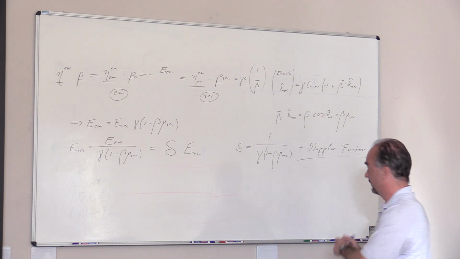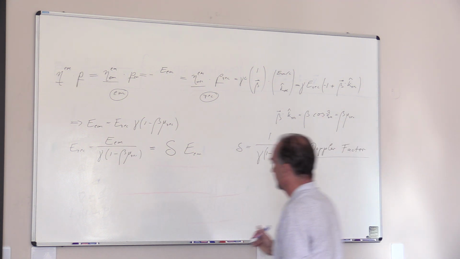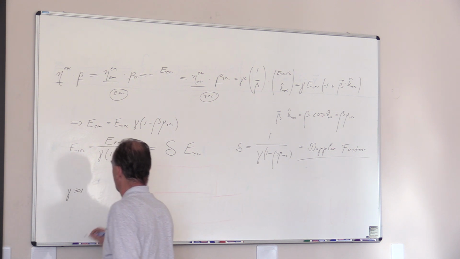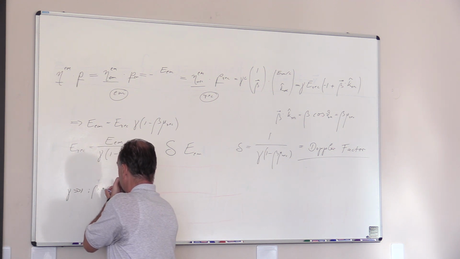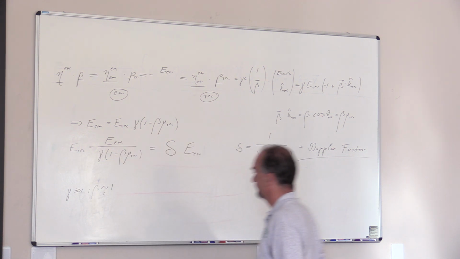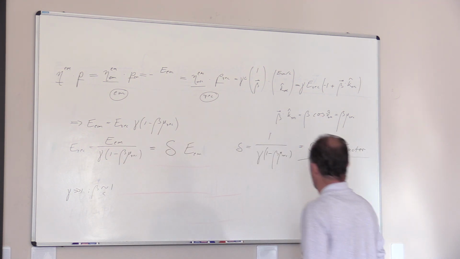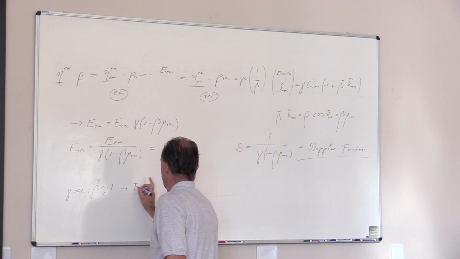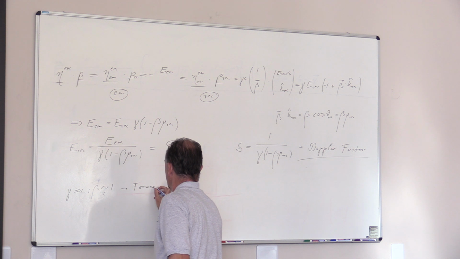So let's quickly discuss. Let's assume that gamma is much larger than 1, so beta is almost 1, but of course still smaller than 1. Let's look at the forward direction.